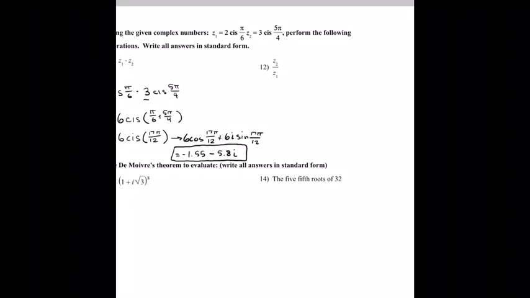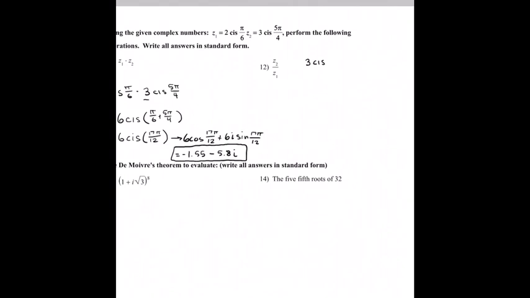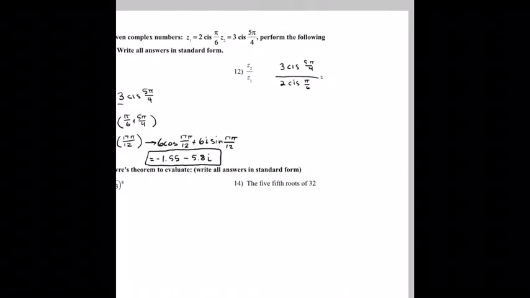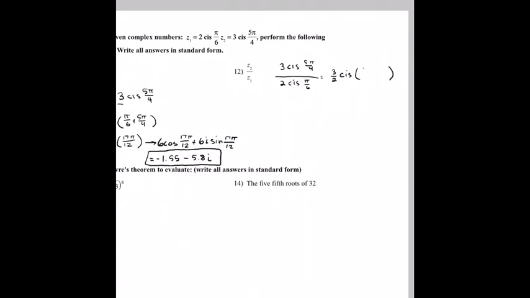Now, dividing complex numbers when they're in their trigonometric form uses the same algorithm. So we've got 3 CIS 5 pi fourths divided by 2 CIS of pi 6. What we do is divide the coefficients and then subtract the angles.